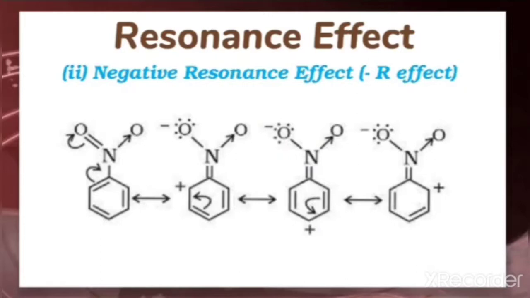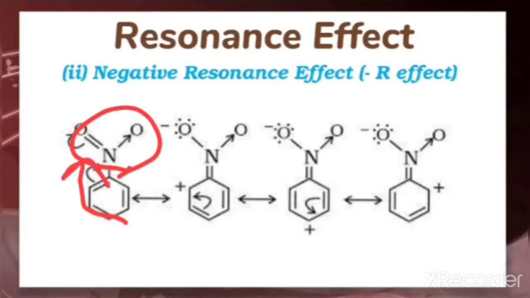So what is the negative resonance effect or the minus R effect? That is, if a substituent, here NO2 is the substituent, has a tendency to withdraw the electrons from the conjugated system, because here the shifting of electrons is from the benzene ring to the substituent. That is, the substituent has the tendency to withdraw the electrons from the conjugated system towards itself.